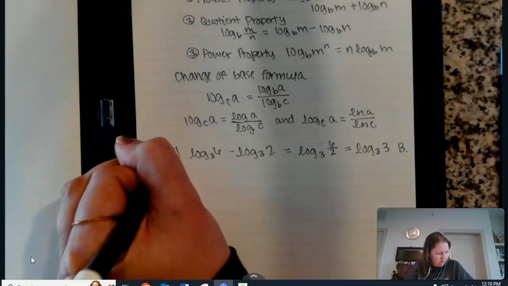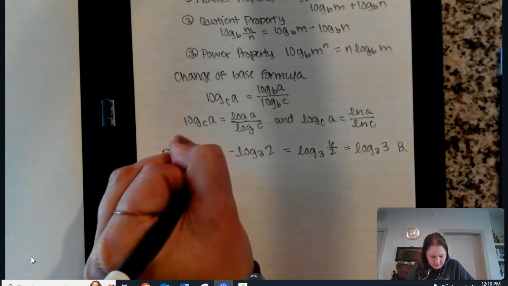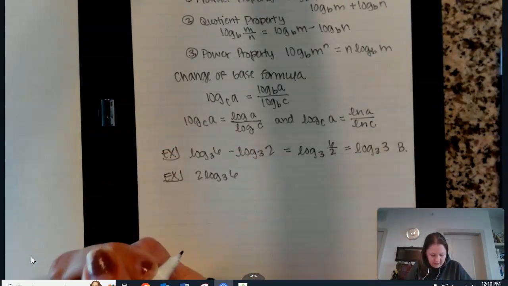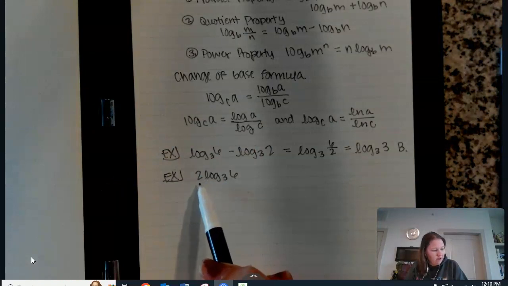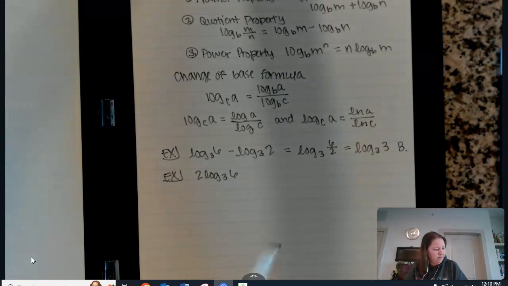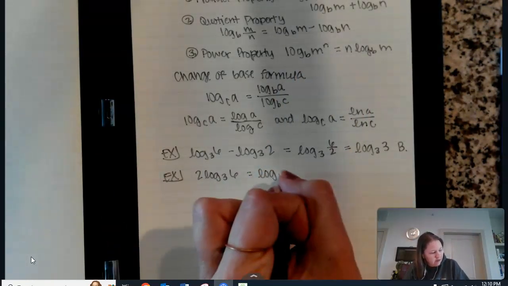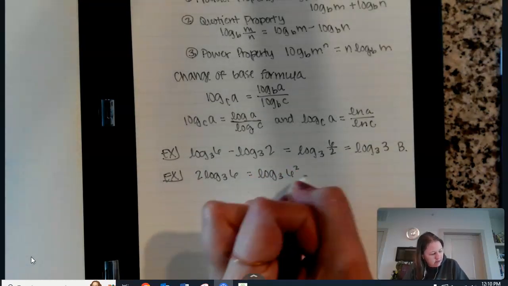Okay, number 10 is not one of your options, but let's just do it so that way we know. So this is 2 log base 3 of 6. So we know if we have a coefficient of our log here, then that's the same as raising it to the power. So this is the same as log base 3 of 6 squared.